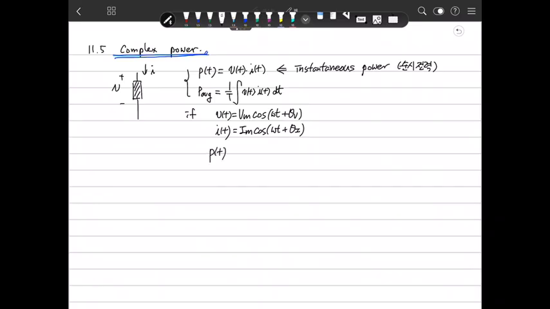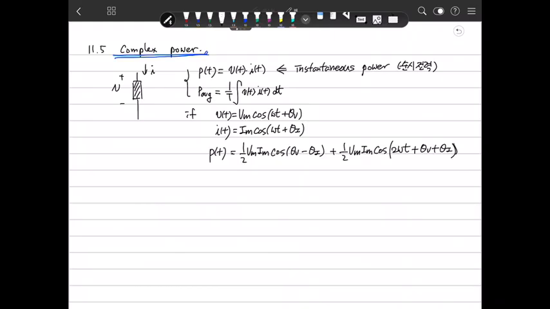Then the instantaneous power is 1/2 Vm Im cosine(theta V minus theta I) plus 1/2 Vm Im cosine(2 omega t plus theta V plus theta I).